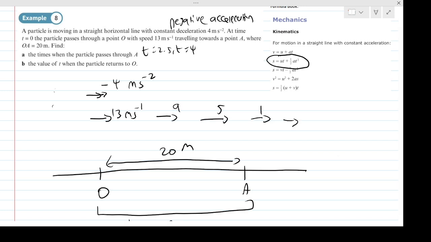Eventually it will go to 0, and it will come to some sort of rest. Because it's a negative acceleration, it's slowing down, it's eventually going to stop moving forward. There's going to be a point maybe after A, let's say here, where it reaches 0 meters per second. So it's not moving forwards at all.